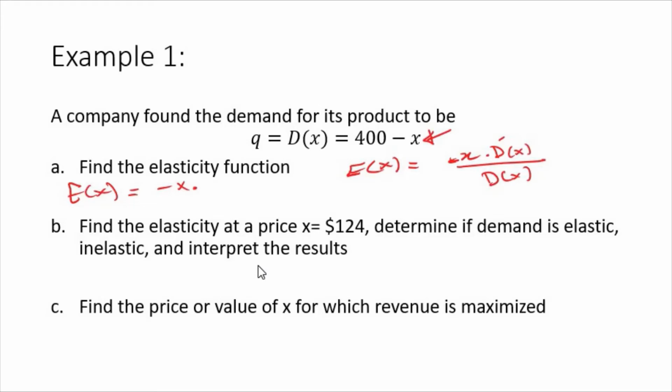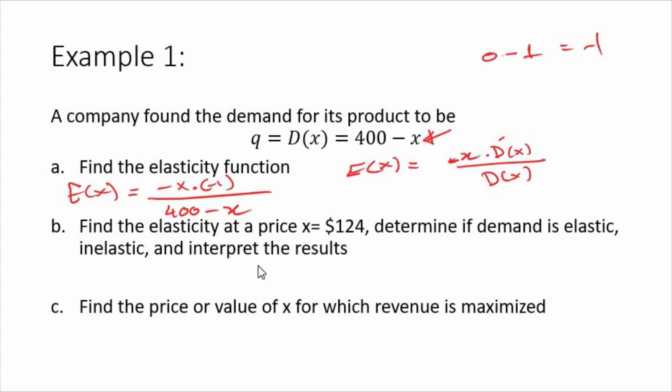The derivative in this case is equal to 0 minus 1, so it is equal to negative 1. So this is times negative 1 divided by 400 minus X, which is D of X, or the demand function, or Q.